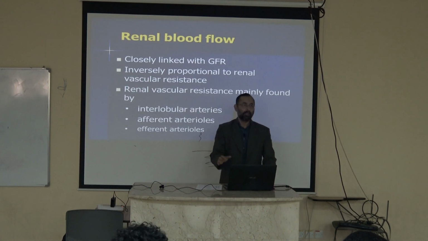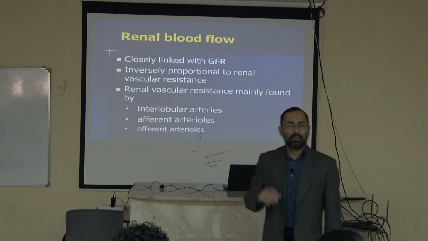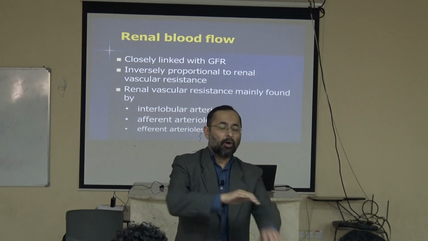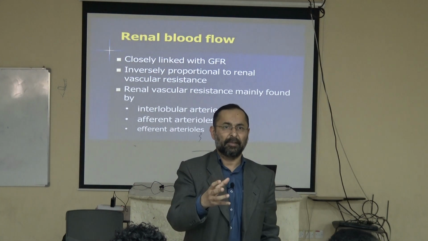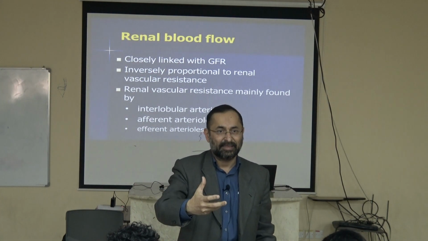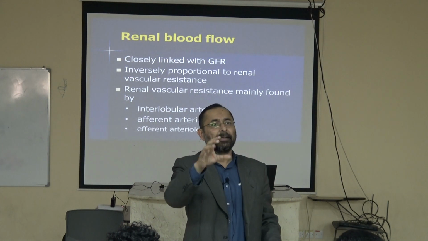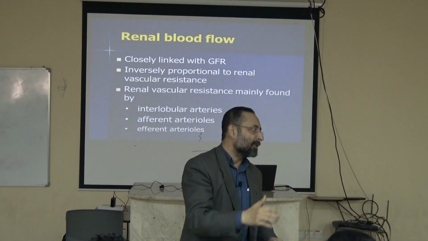Renal blood flow is a very special blood flow. GFR and renal blood flow, inshallah, we'll see in the next lecture. They are auto-regulated. They are regulated in a very special manner. Kidneys have their own mechanisms inside. If the renal blood flow is decreasing or increasing, the kidneys make some changes inside and they try to regulate the blood flow.